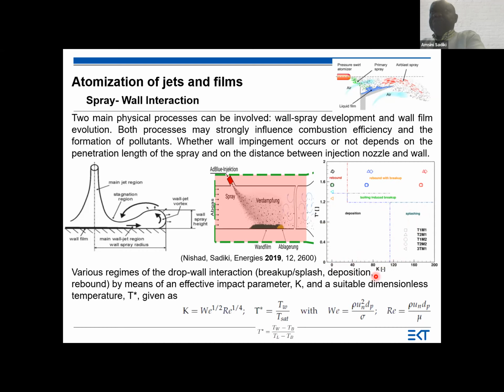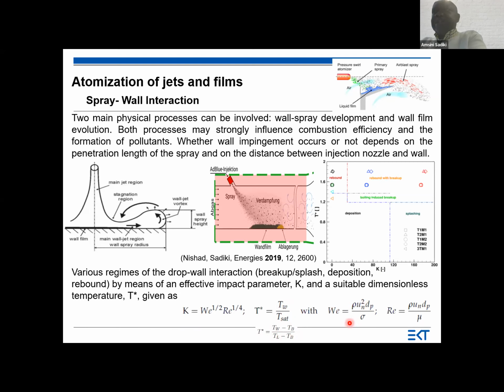as a function of K and T star. And this T star is the ratio of the saturation temperature and the wall temperature. Some people also define it as the difference between the wall temperature and the boiling temperature, divided by the liquid temperature minus the boiling temperature.